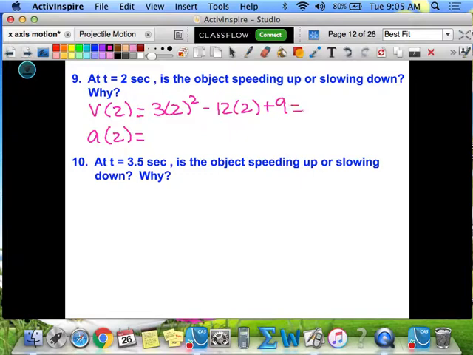Since we've got the velocity function graphed, you can just type in trace and get that number. Once again, all I care about is whether it's positive or negative, not the actual value. And then the acceleration function was 6t minus 12.